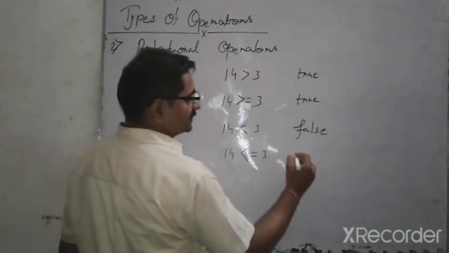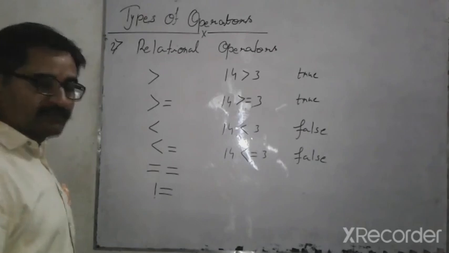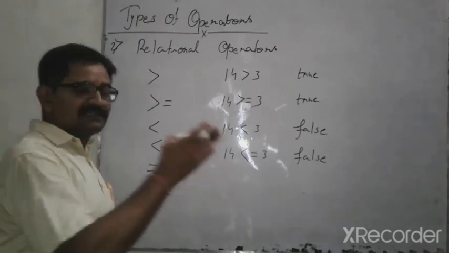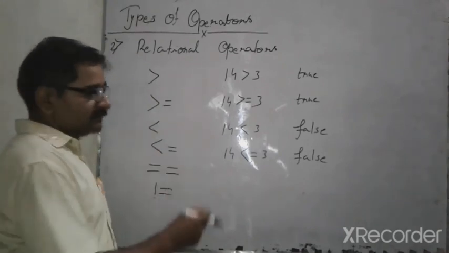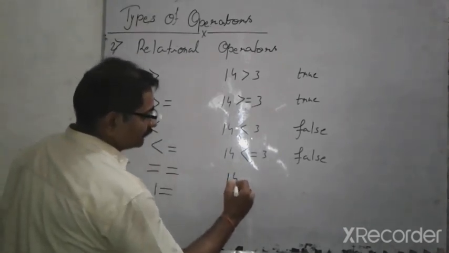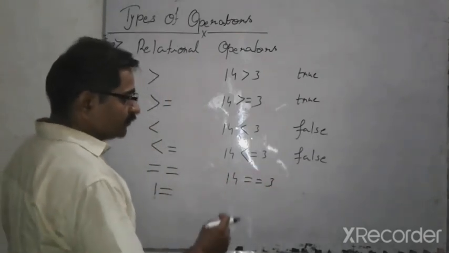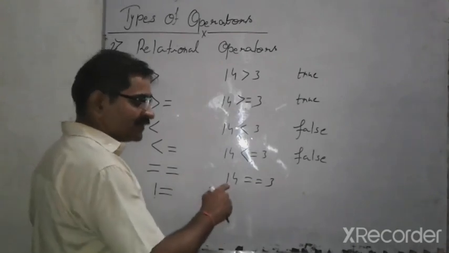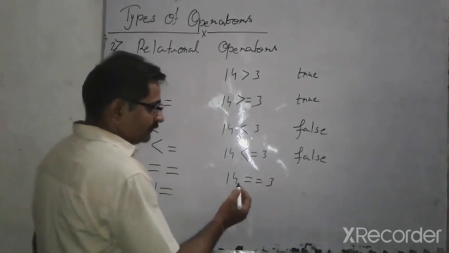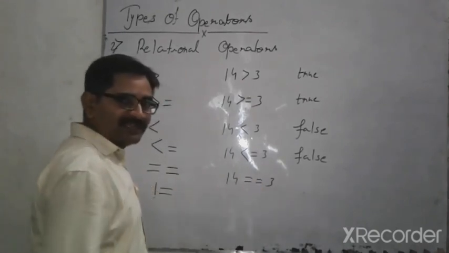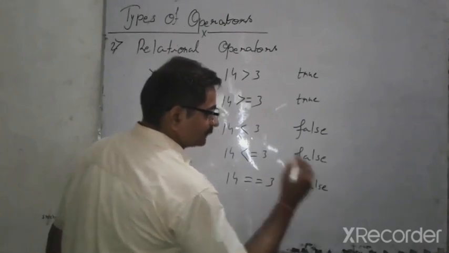In both conditions the result is false. If either one condition is true, then the result is true, but if both conditions are false, then the result is false. Now 14 is equal to 3. It means we want to compare the value on the left hand side to the value on the right hand side. Is 14 equal to 3? No. So the result is false.